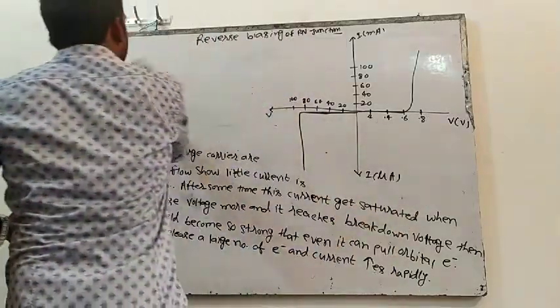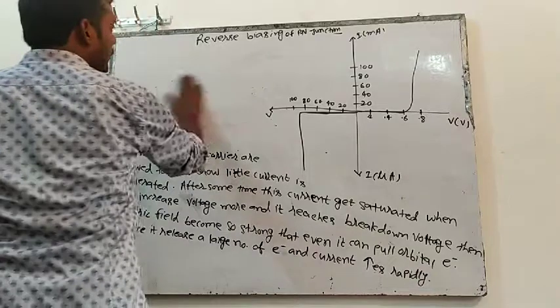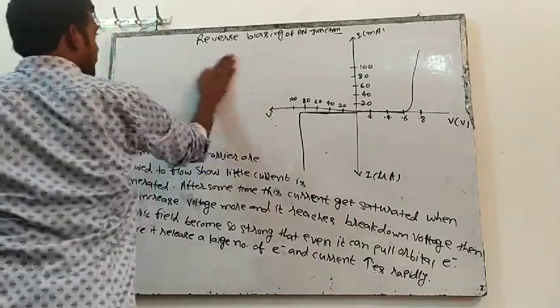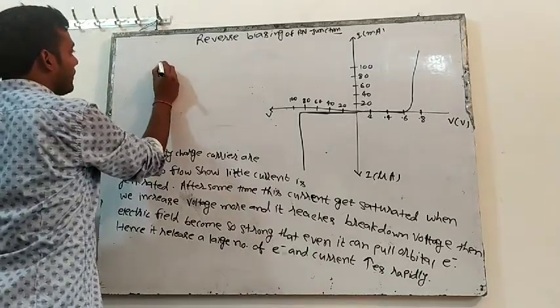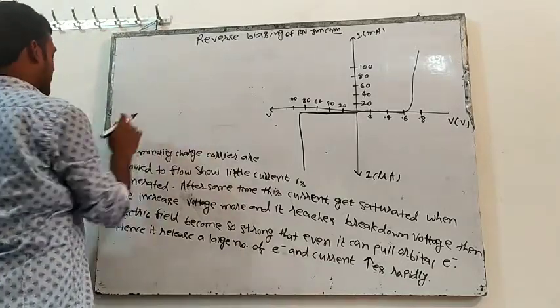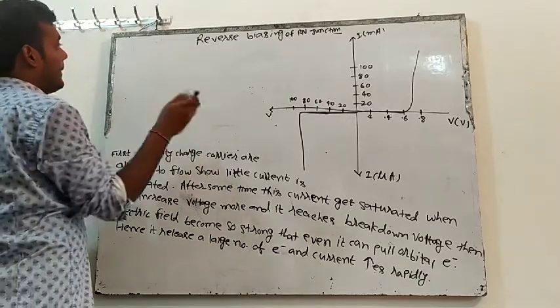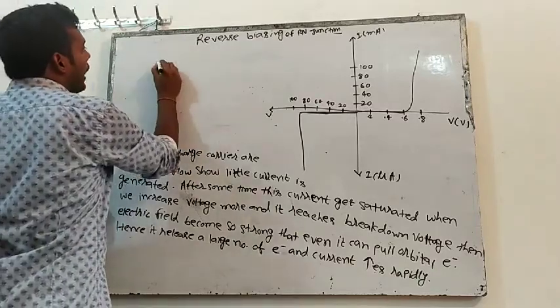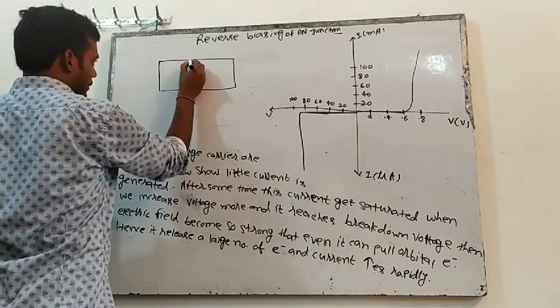So what is reverse biasing? Try to understand this. In reverse biasing of a PN junction, I will take a PN junction.